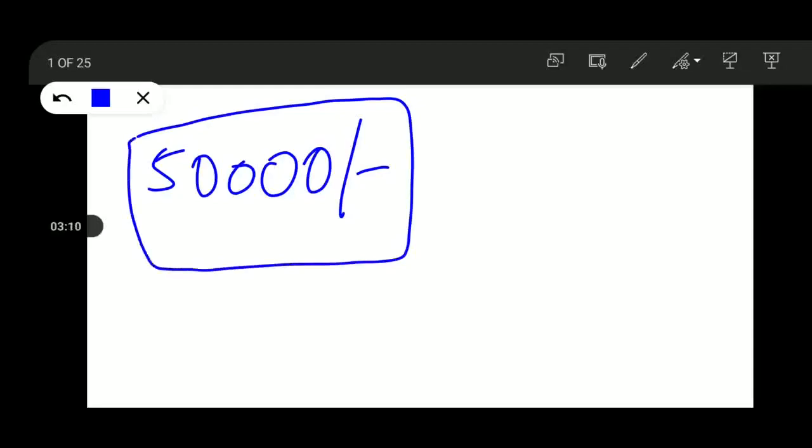Isocost curves are those curves where the producer will fix a certain amount of money. So say the producer, for example, fixes rupees 50,000. So with this 50,000, what quantities can come?